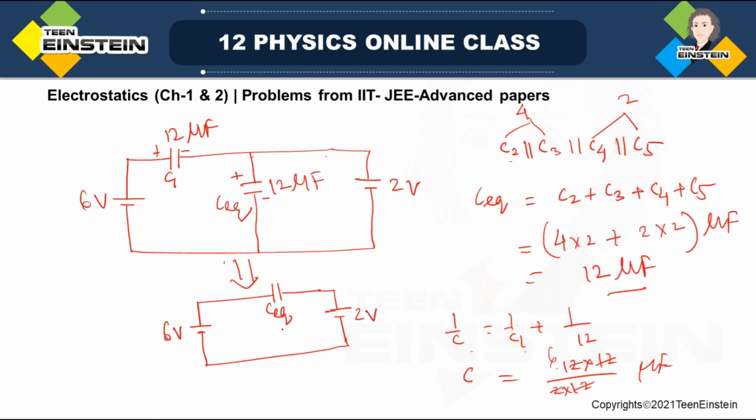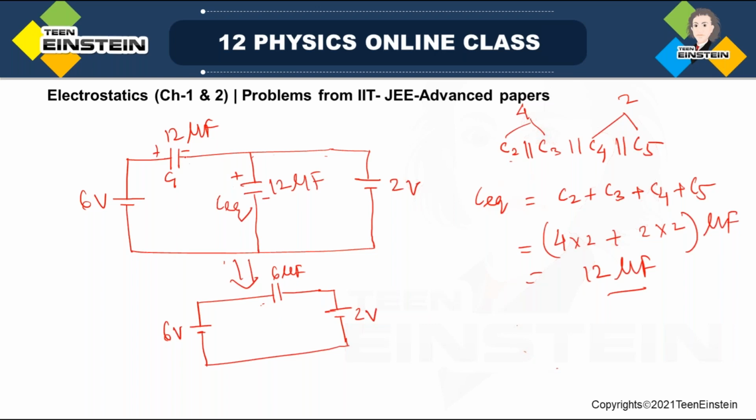Okay, so I have got here 6 microfarad. So now I have got a circuit where I have a capacitor and two batteries. So in this case, how to find out the voltage across this, because I have to ultimately find out what is the charge.